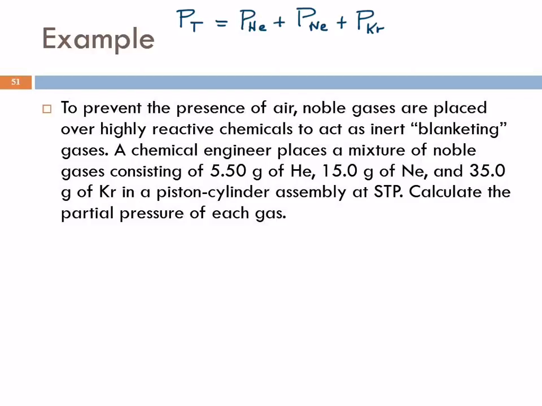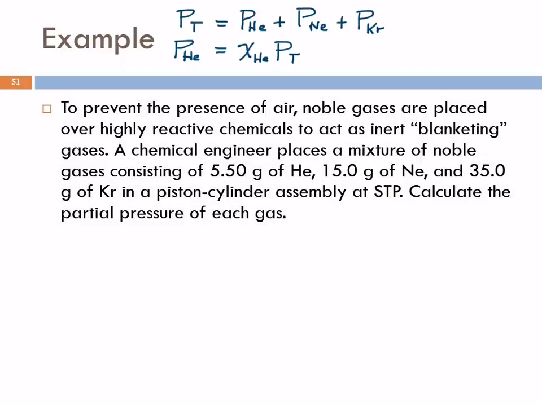And what was the other equation that we learned? Partial pressure equals chi P total. Yeah, the partial pressure of a gas, I'm going to write it for helium, equals the mole fraction of that gas times the total pressure.